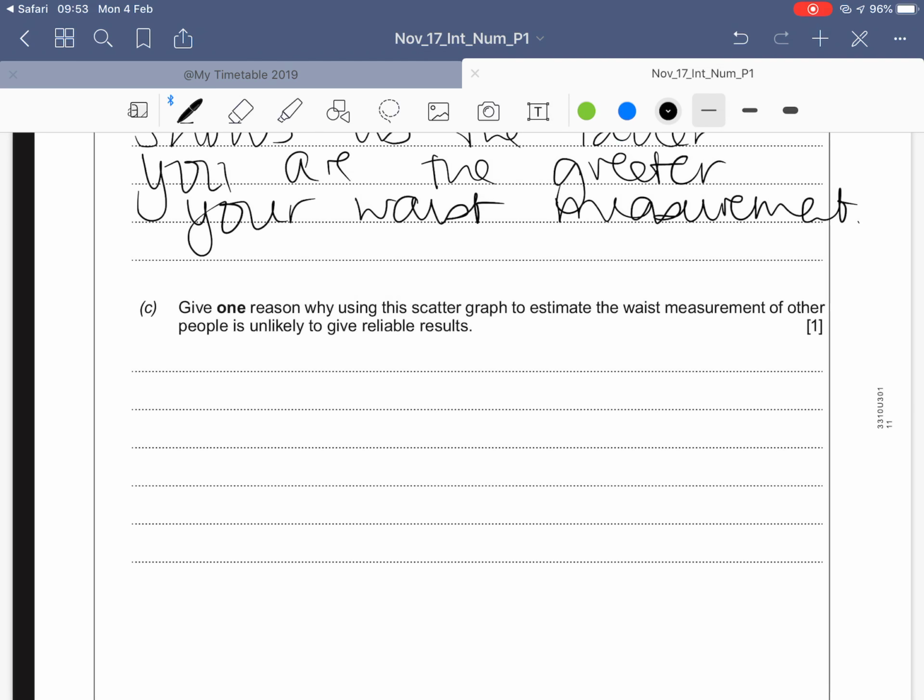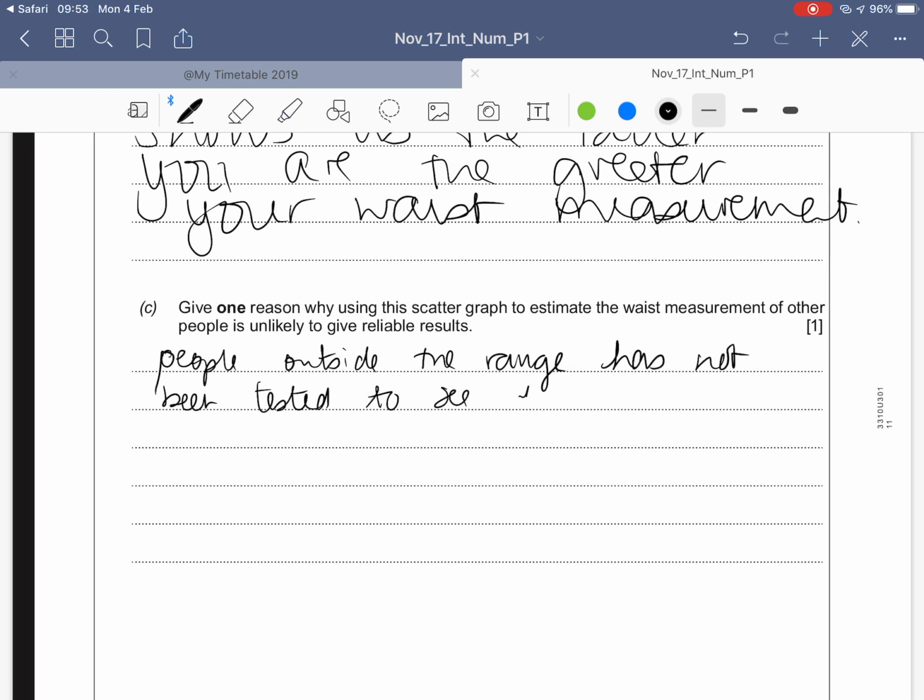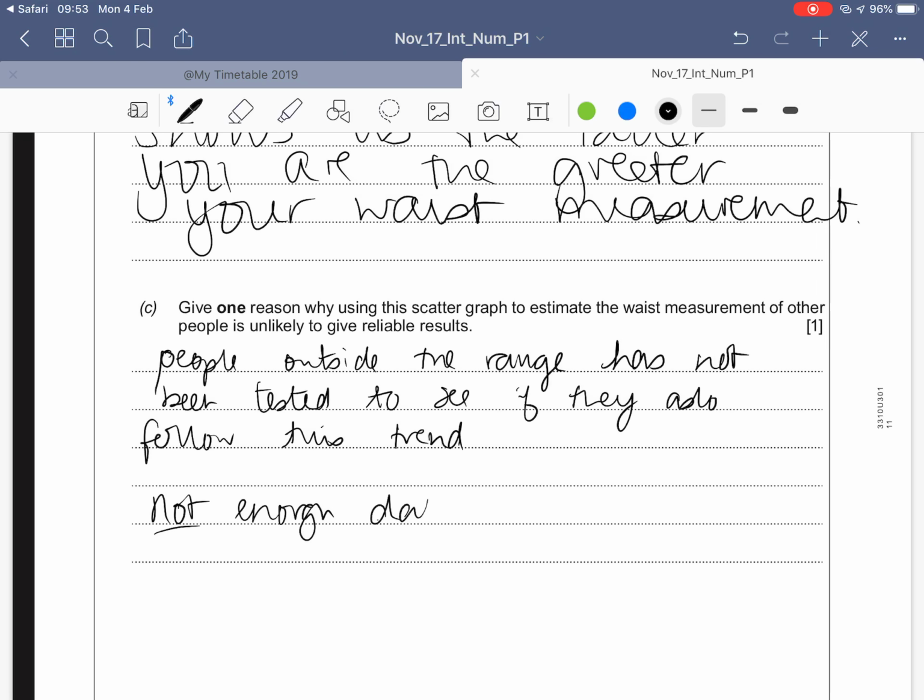So give one reason why using this scatter graph to estimate the waist measurements of other people is unlikely to be reliable. So, people outside the range have not been tested to see if they also follow this trend, or we could say not enough data, only 6, remember, has been collected.